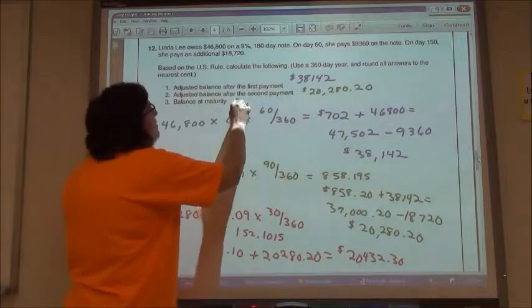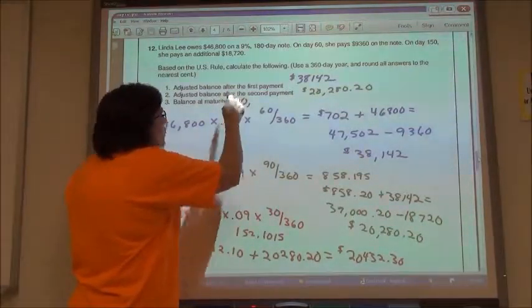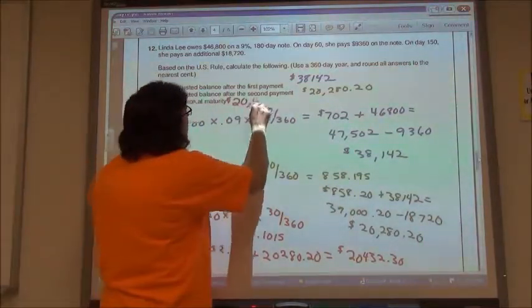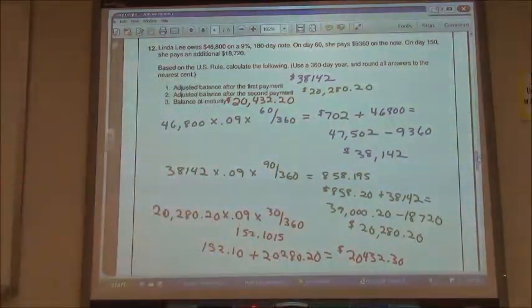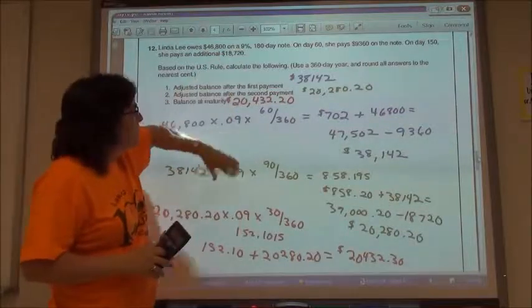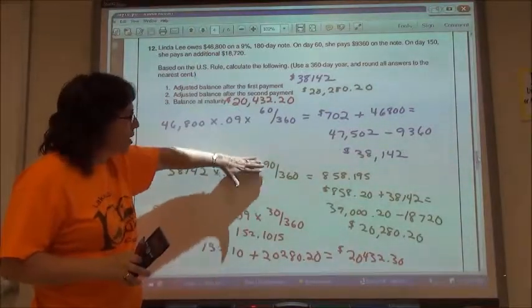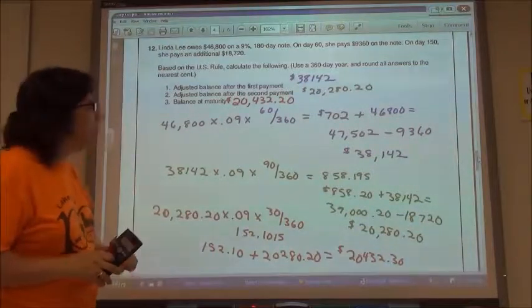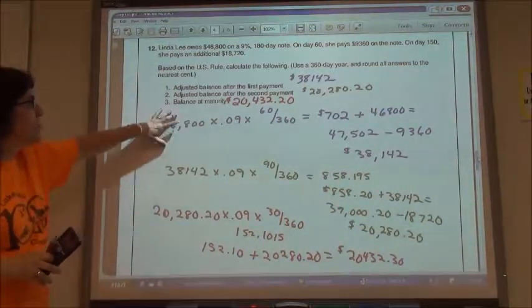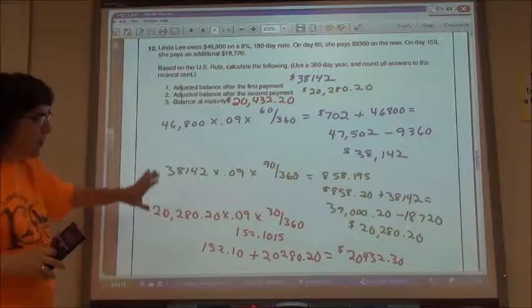So my balance at maturity, $20,432.30. So kind of long, but you're figuring out for the 180 days. So I have 60 days here to 150 days there, and 150 plus 30 would be the total 180 days. So my interest for the first part, second part, third part.